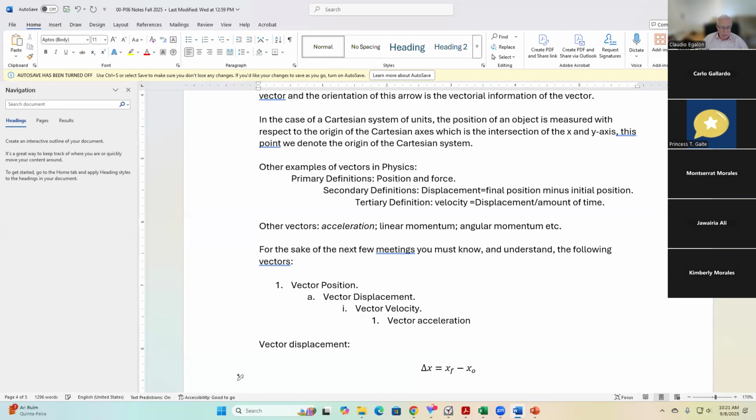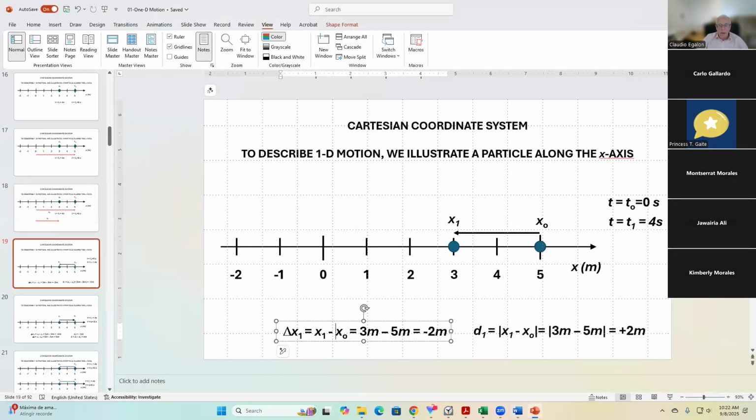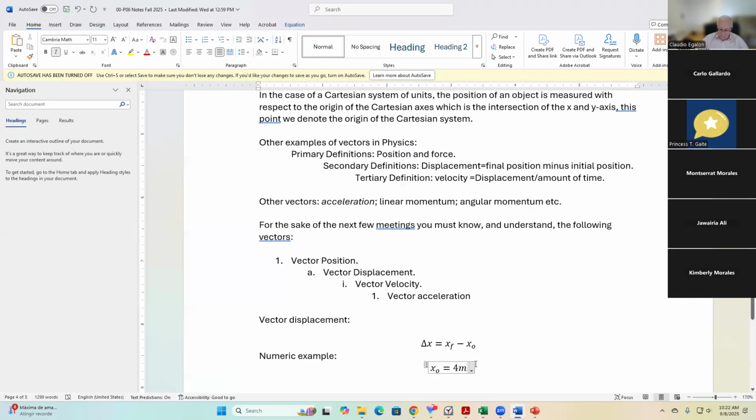Numeric example. Consider the initial position, the one that I showed there in the illustration, right? Initial position equal to what? Was that 4 meters? Let's go back there. No, it's just 5 meters. Don't forget, I'm going to emphasize that, in the positive direction.